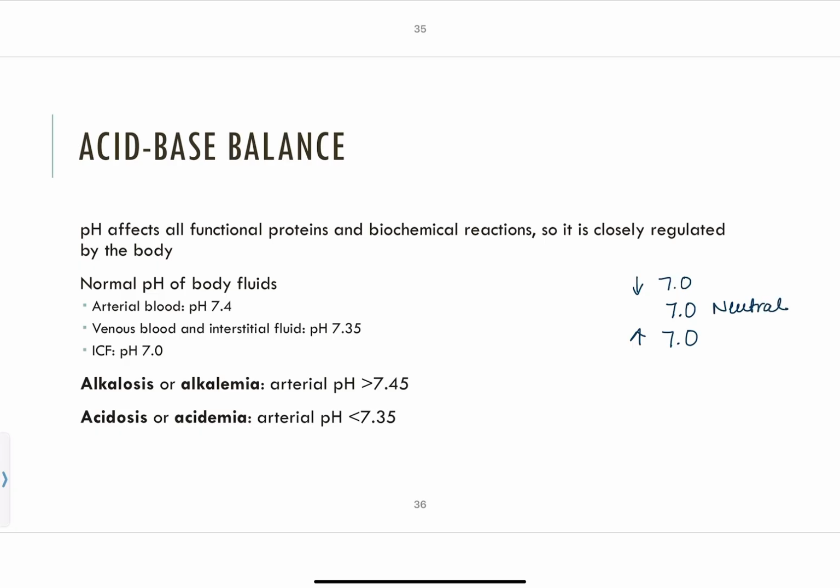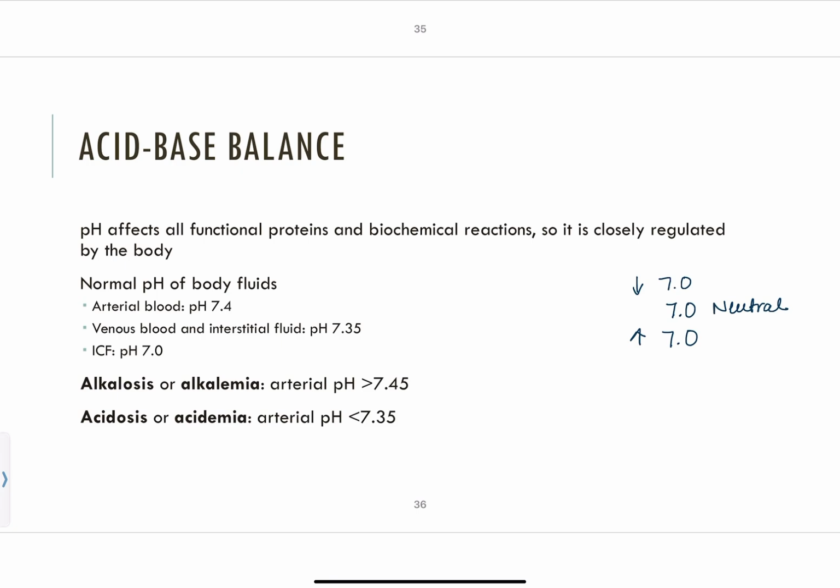But when we're talking about alkalosis and acidosis relative to our body, and in this class and on this exam, we're taking into account the pH that is normally present in our blood. So if we're talking about a normal pH range of 7.35 to 7.45, that is a basic pH.